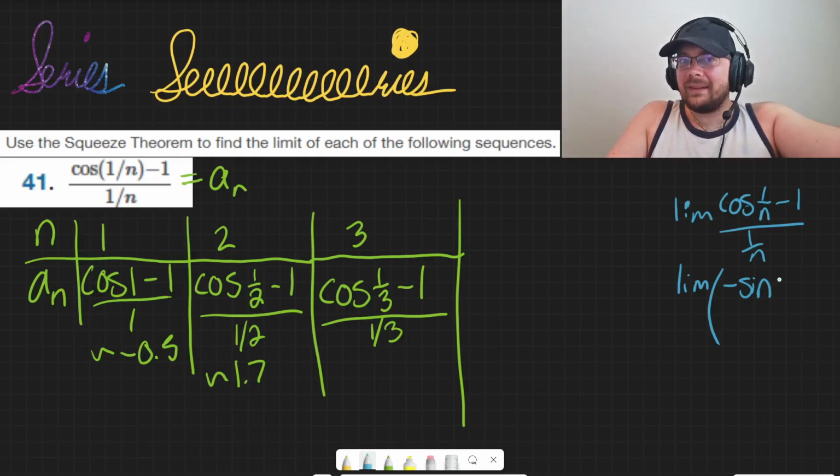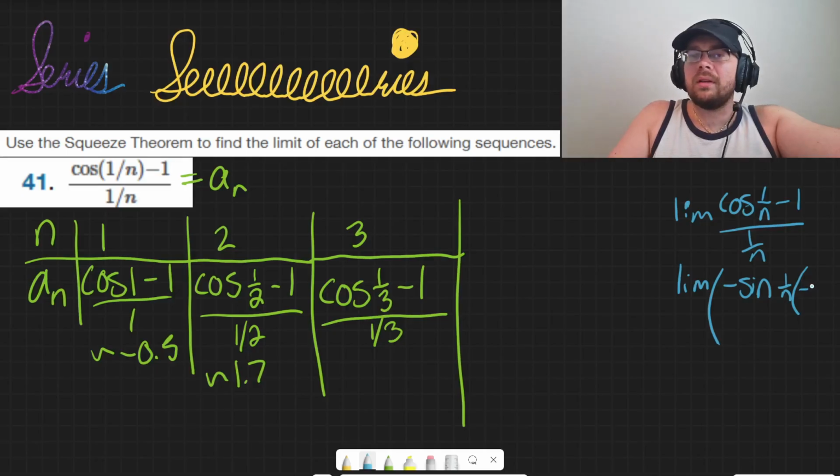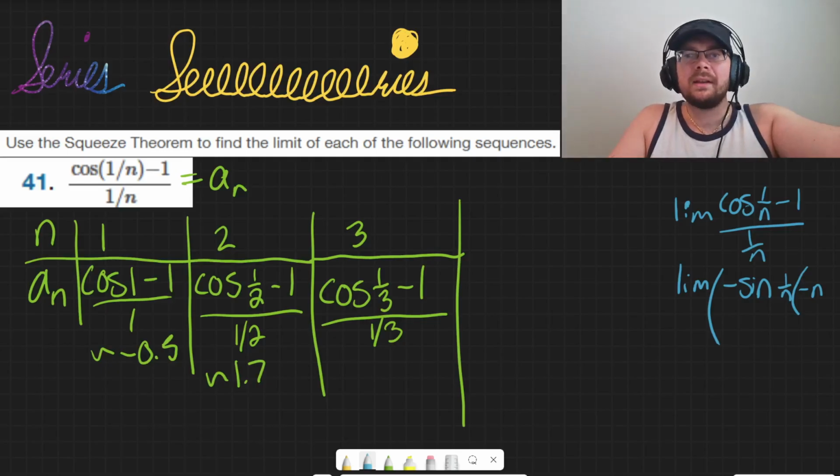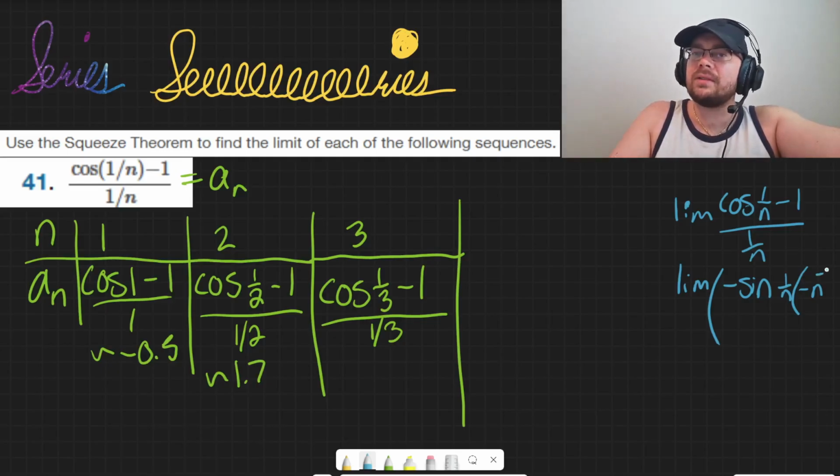But let's see. So negative sine, whatever is in there. And then we take the derivative of the inside. And that's going to be n to the negative 1 power. Pull the negative 1 out, and then it's n, and then the power is minus 1. It was already a negative 1 power, so negative 1 minus 1 is negative 2. So it'd be negative n to the negative 2 power. And then that would go away, because constants have a derivative of 0.